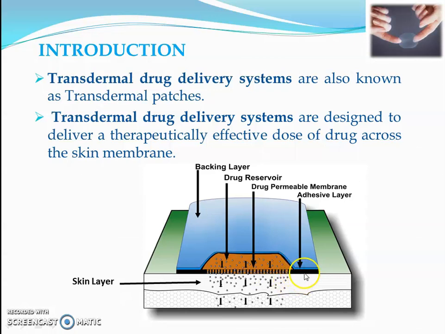And this black color is called the adhesive layer, so that it sticks over the surface of the skin. Above this layer there is a layer called the liner that protects the drug reservoir during storage. The patch is applied on the surface of the skin, and the drug may permeate through the skin into the systemic circulation.